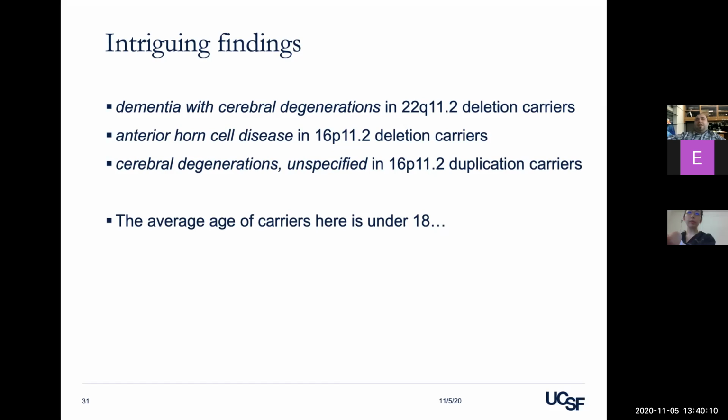And so what this means is that we really need to have longitudinal studies to follow these people around and to see, this person seems like they might be at risk of dementia or ALS, and we should be keeping an eye out for that earlier.